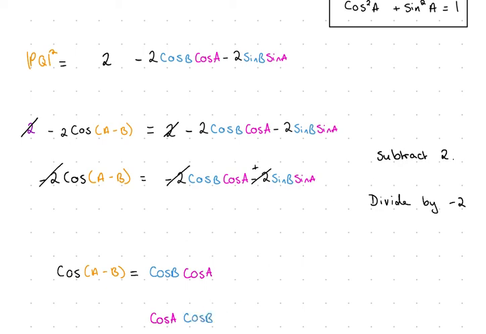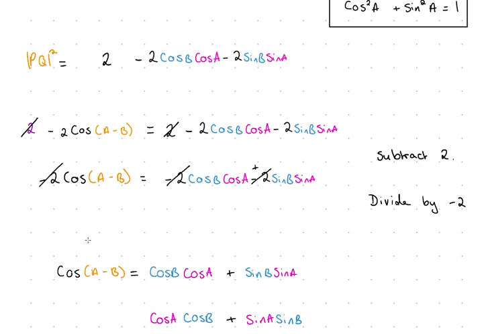And then we're going to have plus sine B, sine of A, which is the same thing again as having sine A by sine of B. So it's the same thing. And that should be, at this point, what they asked us to show at the very beginning.